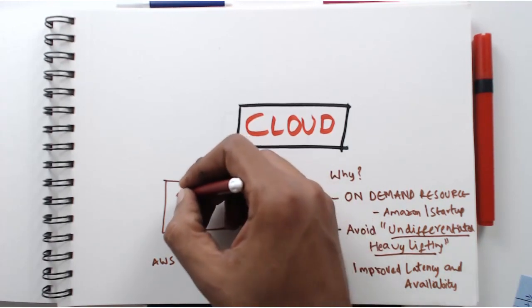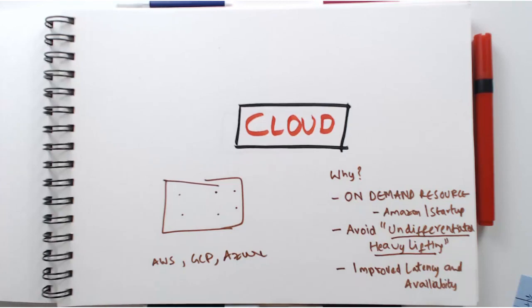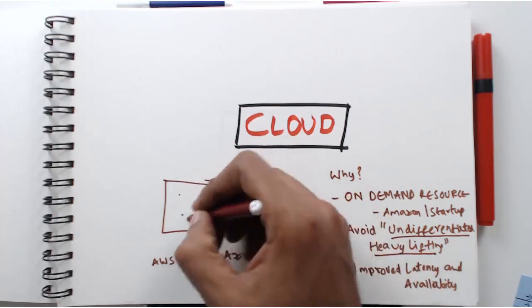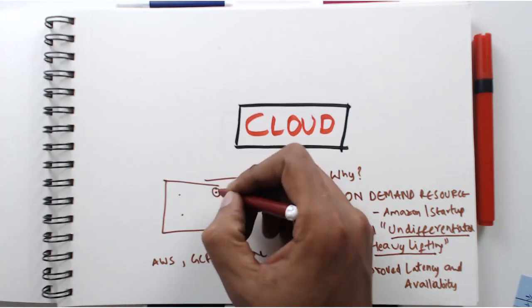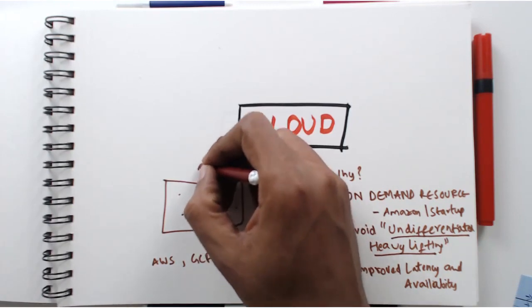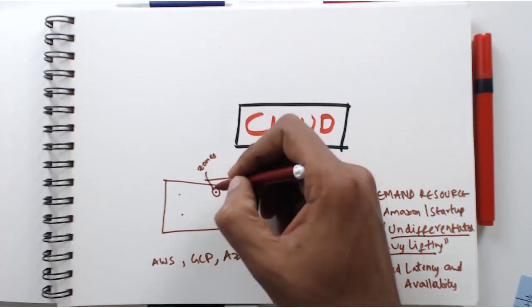So they have regions in all the important continents across the world. So they have data centers present in different corners of the world, and even within these regions you have things called zones or availability zones where you have multiple instances present.